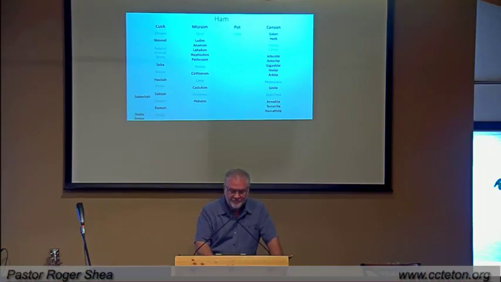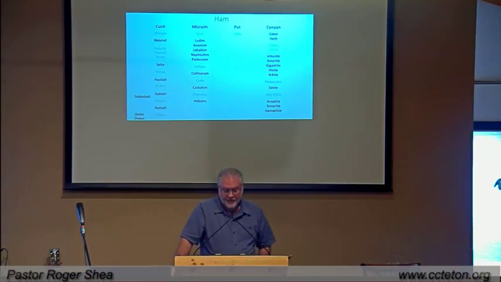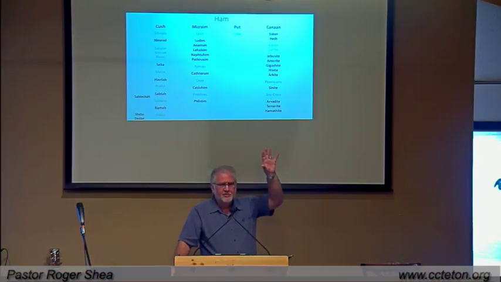Verse 13, Mizraim begot Ludim, Anamim, Lehabim, Naphtuhim, Pathrusim, and Casluhim. I'm butchering these names, I realize it. From whom came the Philistines and Caphtorim. Canaan begot Sidon, his firstborn, and Heth. Now, I said Canaan settled in what's modern-day Israel, and they settled also to the north of Israel.